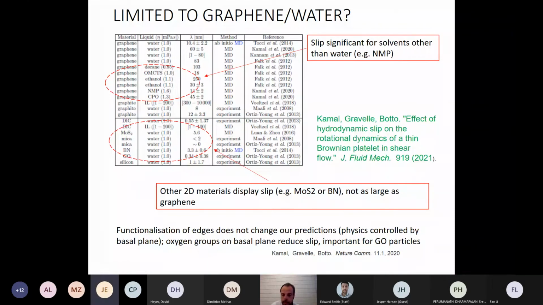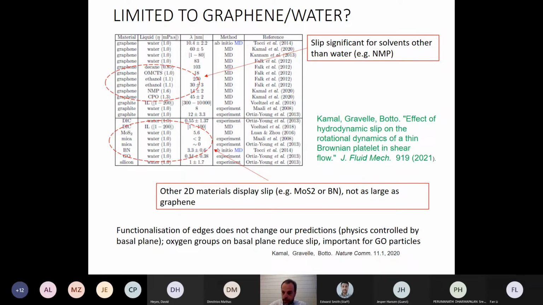So we believe the results are quite robust, and they are not limited to graphene and water. Indeed, graphene has been proven through many studies to have a relatively large slip length with a variety of solvents, including solvents that are very useful for practical applications such as LNP. And it may not even be limited to graphene itself.